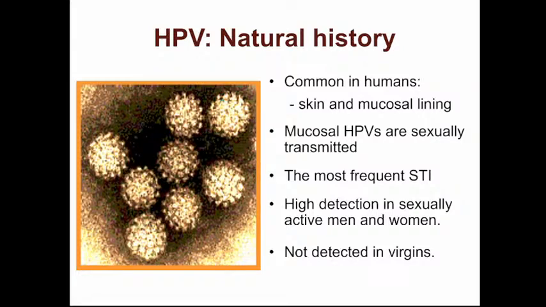So in fact, HPV is the most frequent sexually transmitted infection. High detection rates in sexually active men and women, and it's not detected in virgins. So that's why we know that it correlates with human sexual behavior.